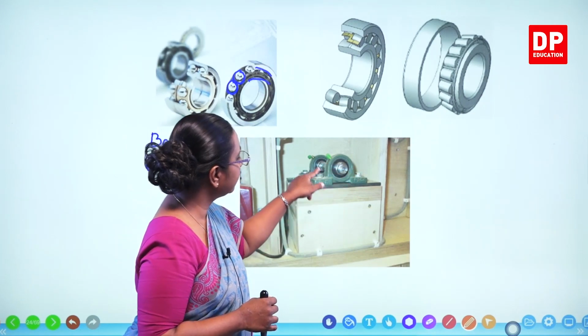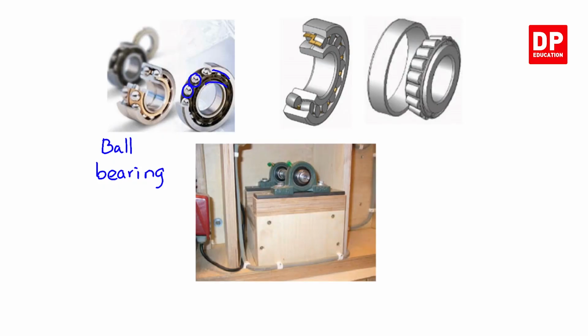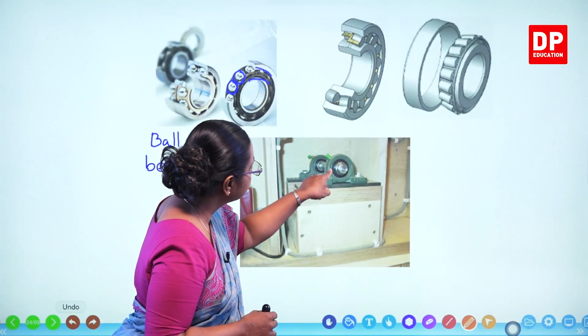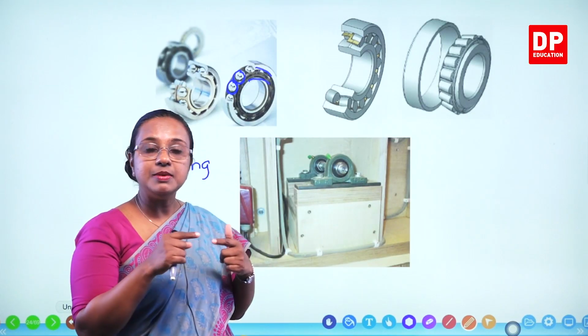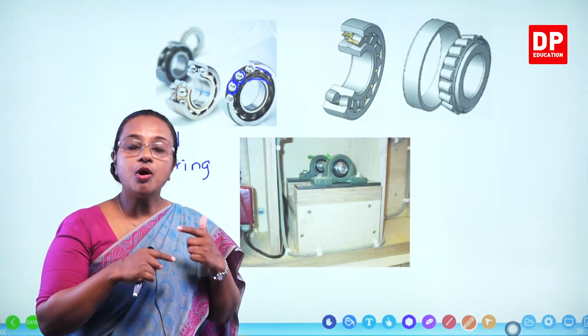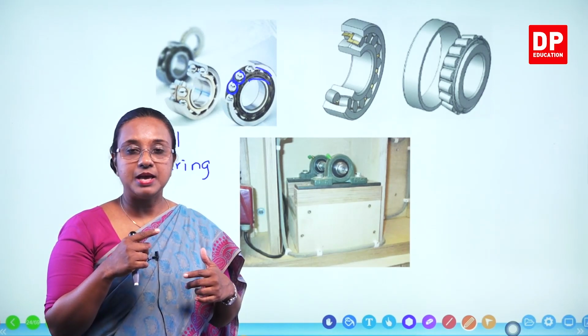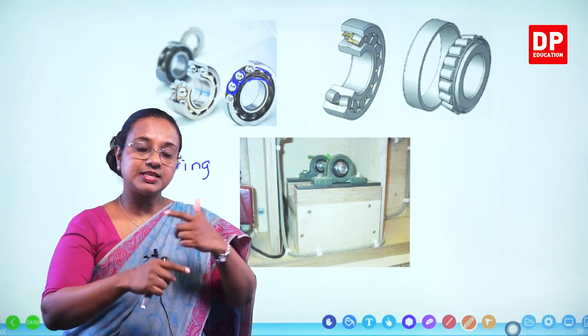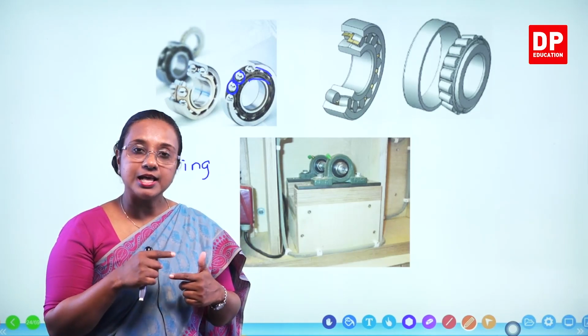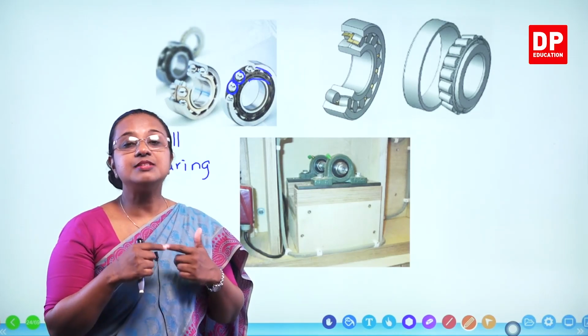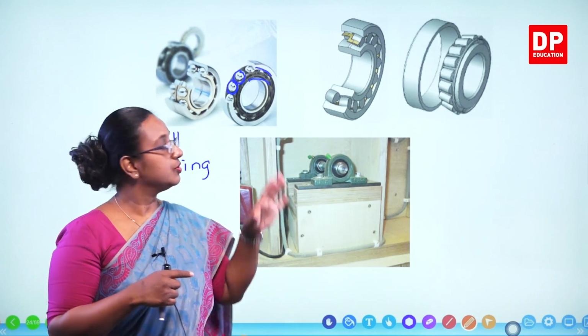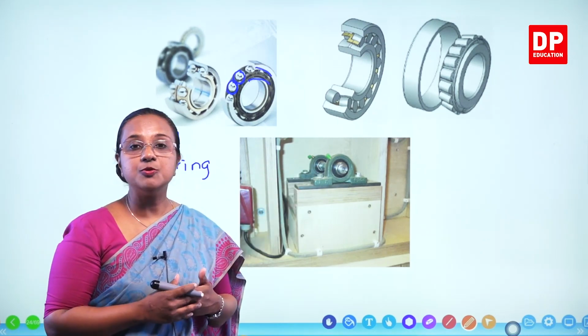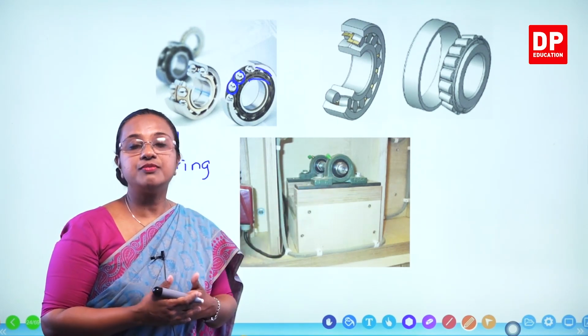The green color is one surface and the silver color is another surface. In between there will be ball bearings or roller bearings. So the surfaces can rotate one on the other with less friction. So these bearings help to reduce friction in parts of machines.